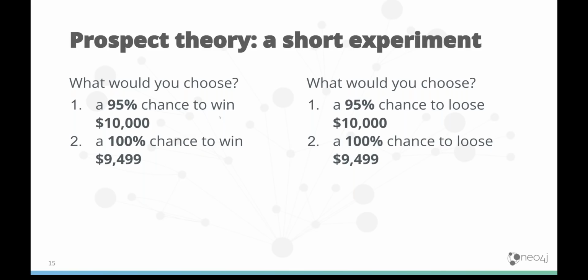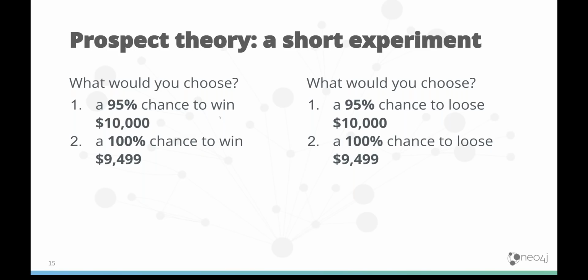When people make decisions under uncertainty, they will undervalue uncertain rewards. So you will choose the lower reward, the $9,499. And you will choose the higher loss, the 95% chance of the $10,000 loss.